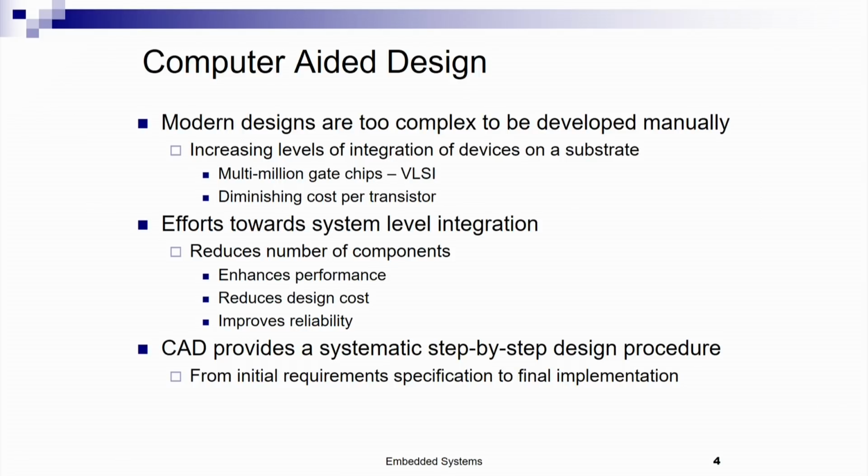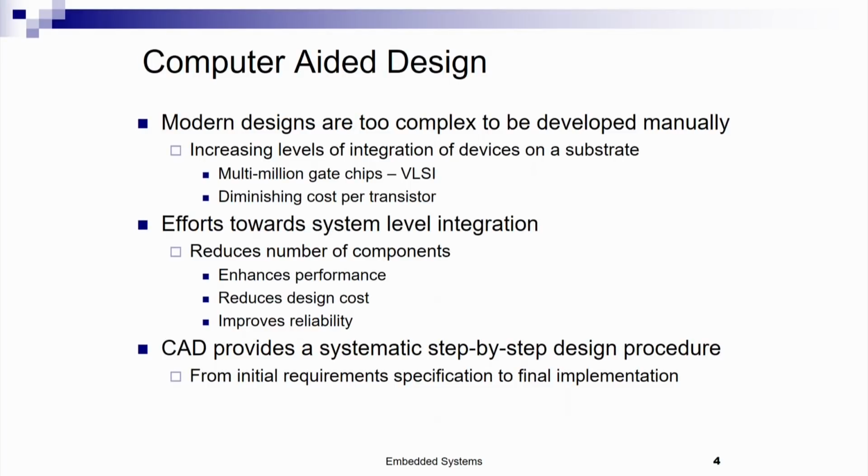CAD provides a systematic step by step design procedure. Another reason why computer aided design is used is that it allows a systematic step by step design procedure. Handmade designs can be ad hoc. We may think that we are doing a very good design, but if it is not systematic and step by step, our design process may not produce optimal results.